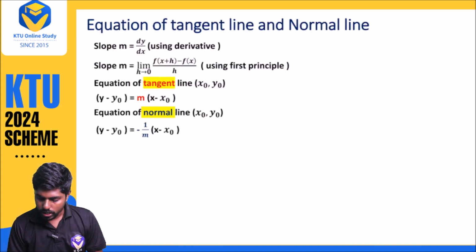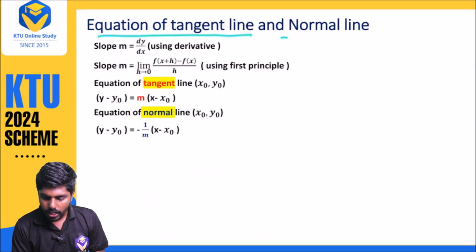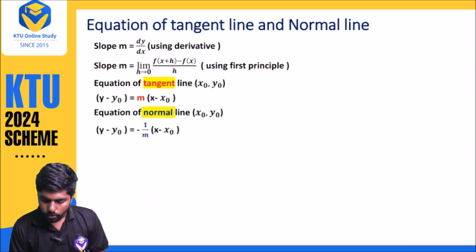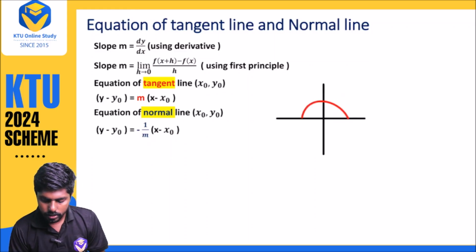So what is the syllabus heading? The heading is equations of tangent line and normal line. I think everyone knows that. What are the tangent line and the normal line? Let it be any curve, any circle or anything.